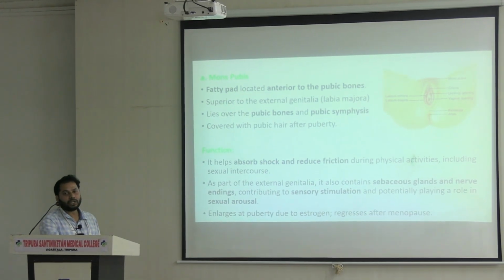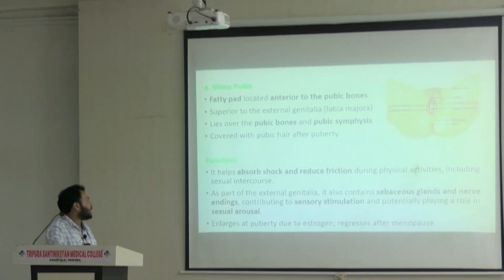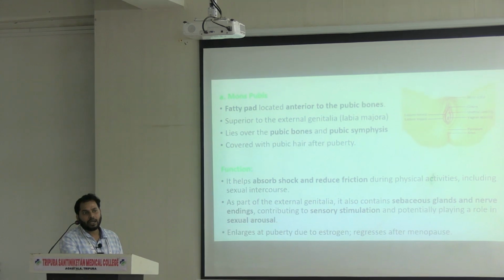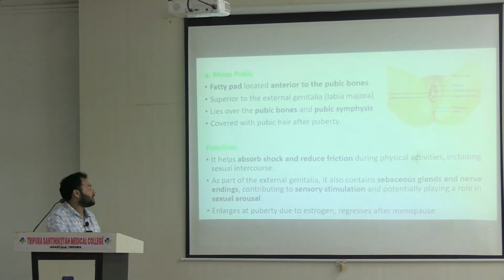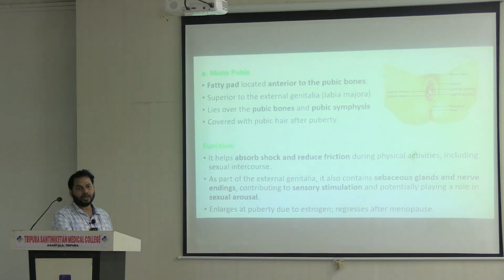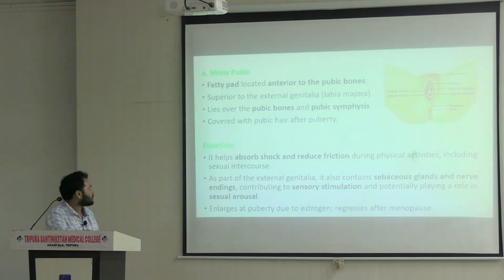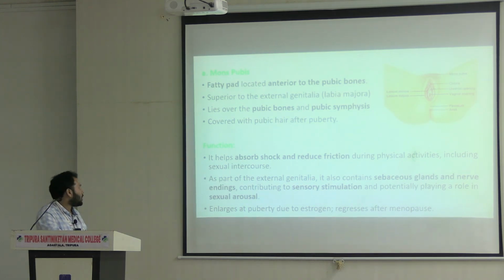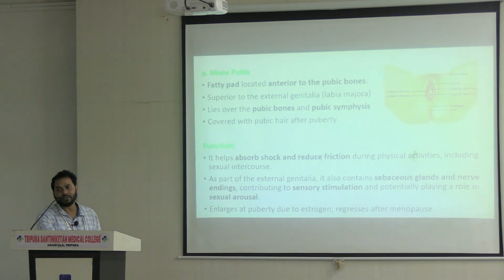Another important characteristic of the Mons Pubis is the development of pubic hair, and that hair basically develops after puberty, right? The development of that pubic hair after puberty has some functional role. We'll see what the functional role of the hair that grows in the Mons Pubis is. From the functional point of view, it helps absorb shock, and it also reduces friction mainly during physical activities.